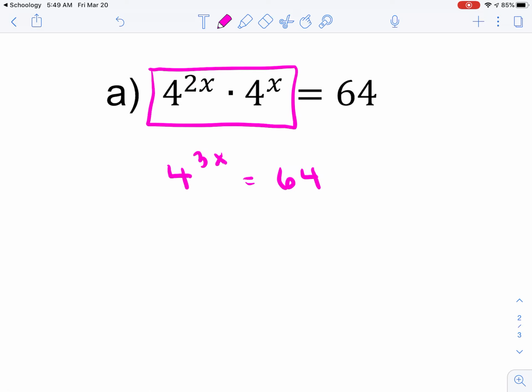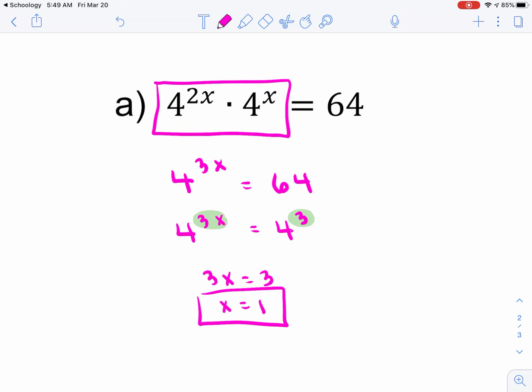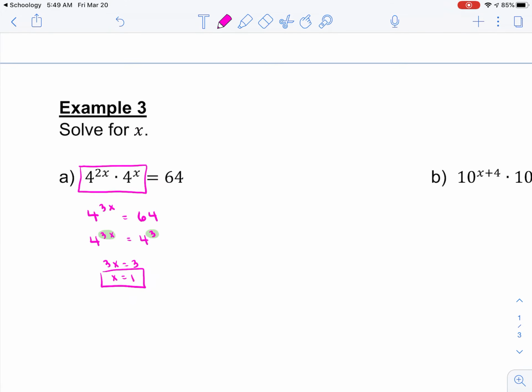Now we need to get the same base, so we need to think about how I can rewrite 64 as possibly 4 to some power. Well, I know that 64 is 4 to the third power, and then I can set those exponents equal to each other.